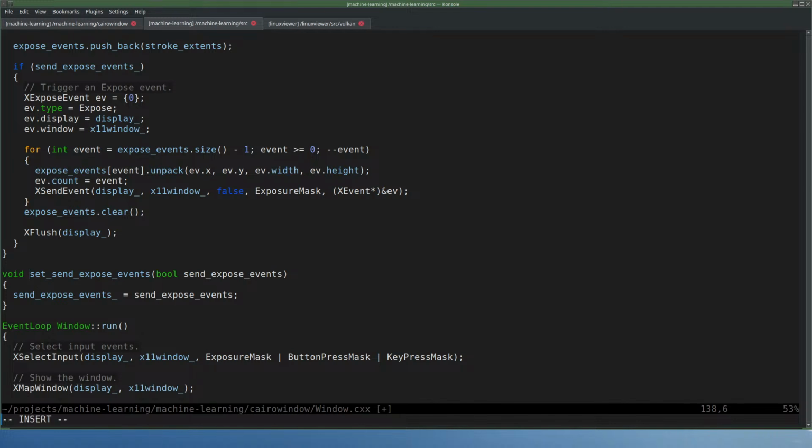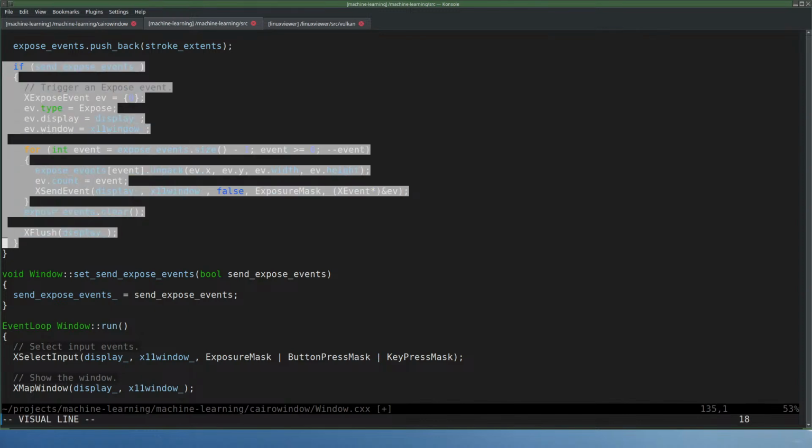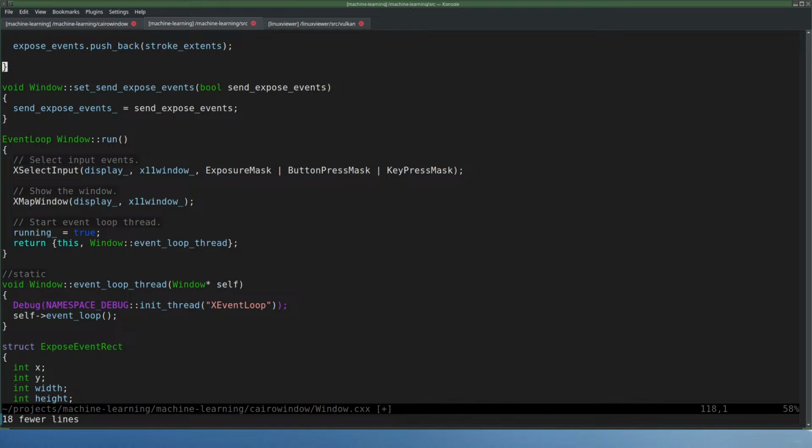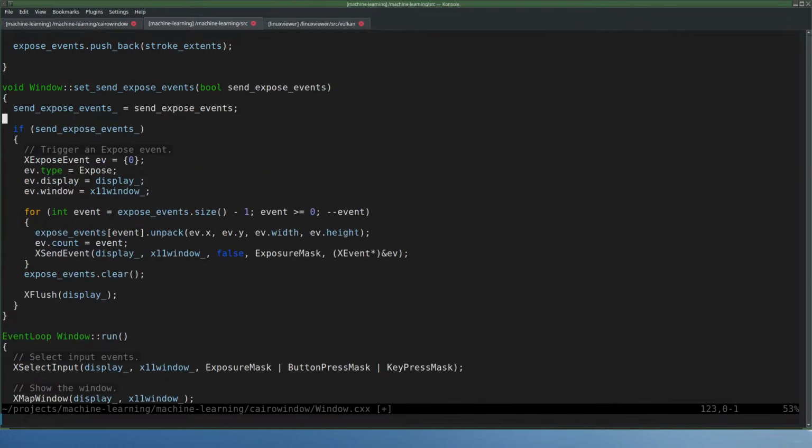Window. And then I'm going to copy the code from here. This is expose event stuff. I'm putting that here. So every time you set it to true, it will be done.